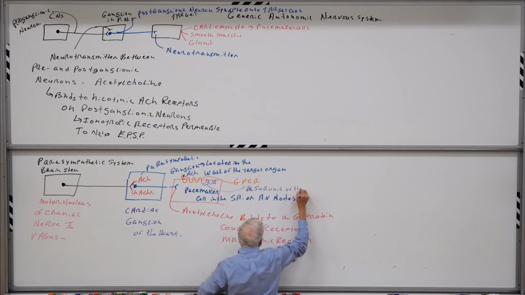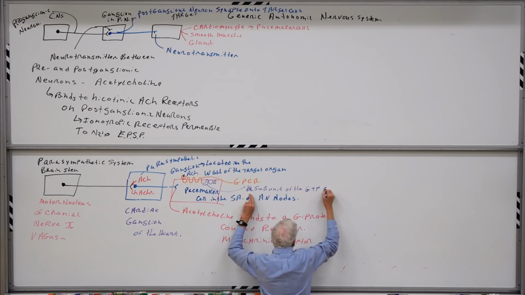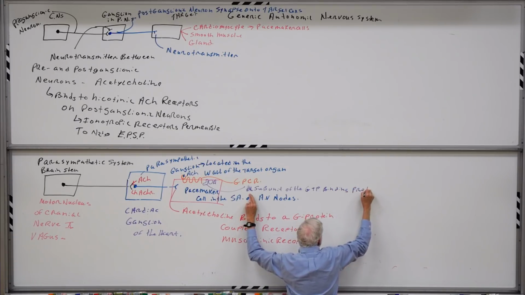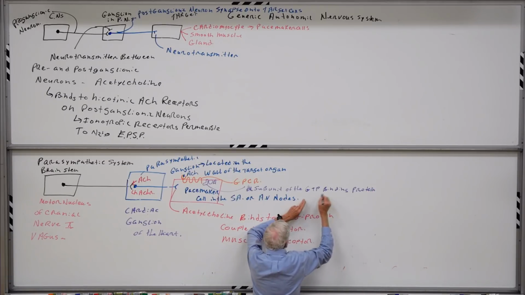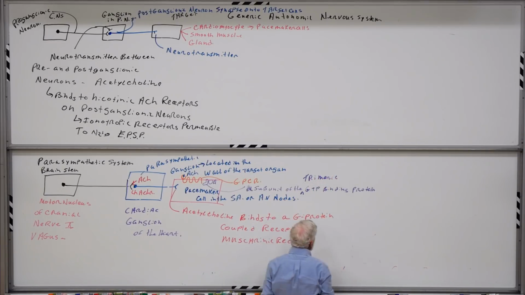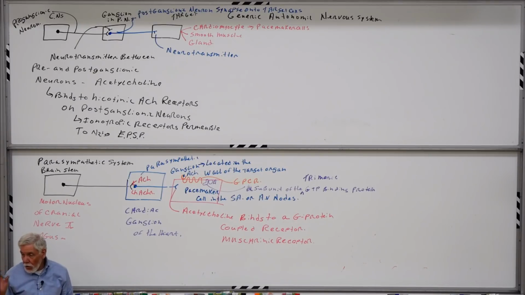of the GTP binding protein. We formally describe these as the trimeric or heterotrimeric GTP binding protein. You remember the story when we talked about it in the endocrine system.